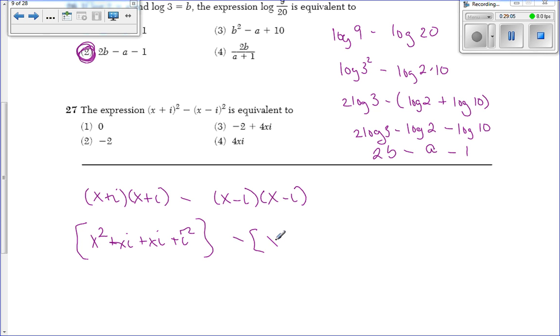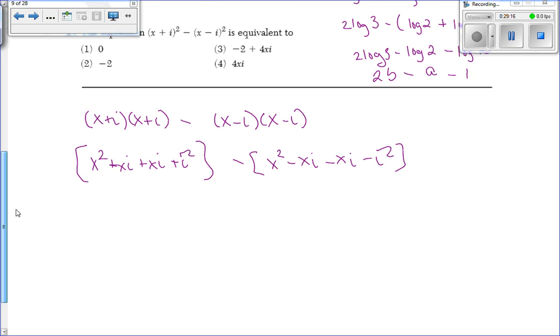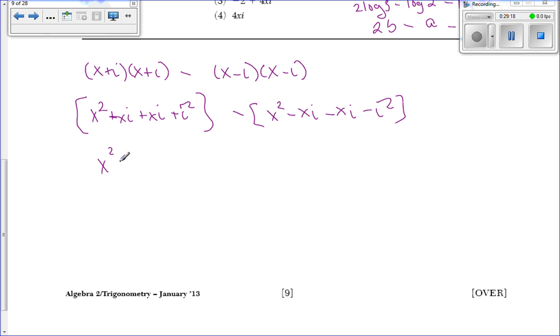Minus x squared minus xi minus xi minus i squared. So this gives me x squared plus 2xi. i squared is negative 1, so it's minus 1.